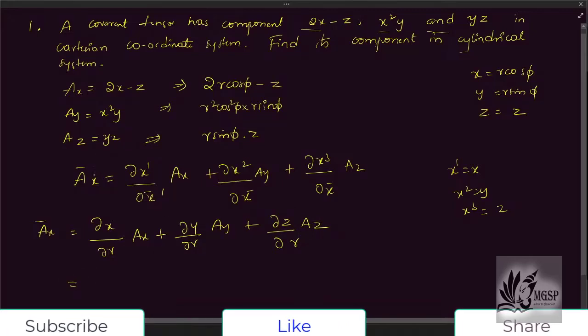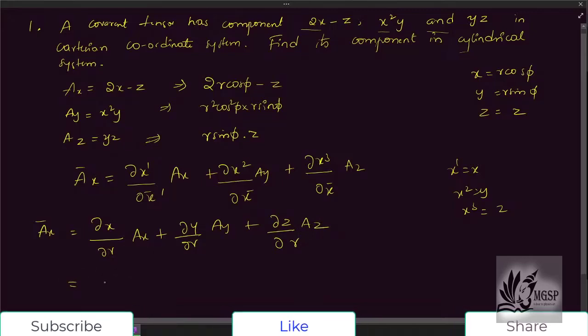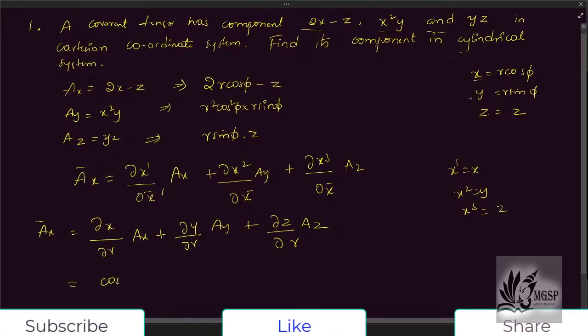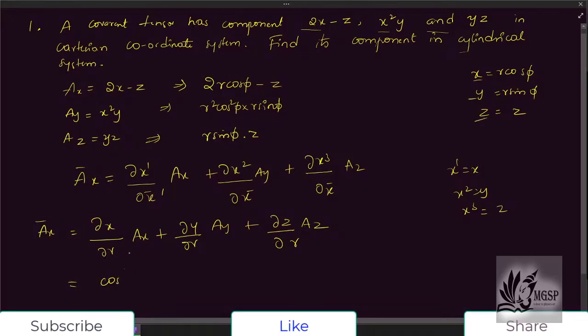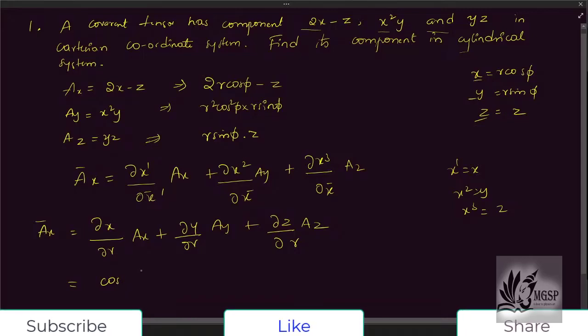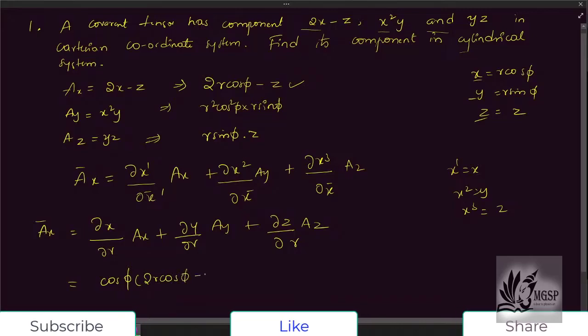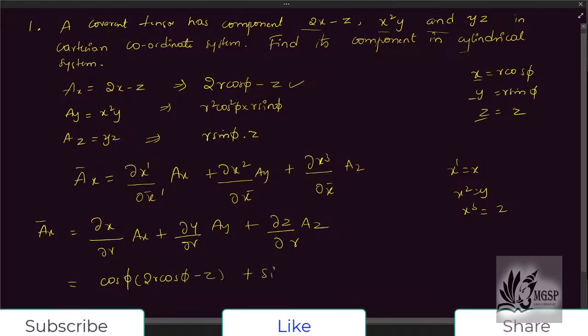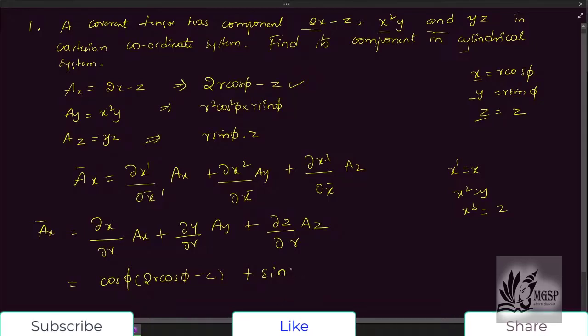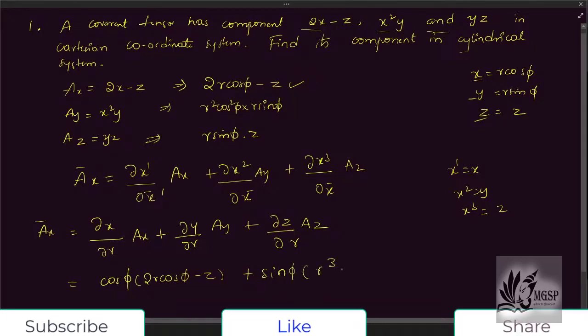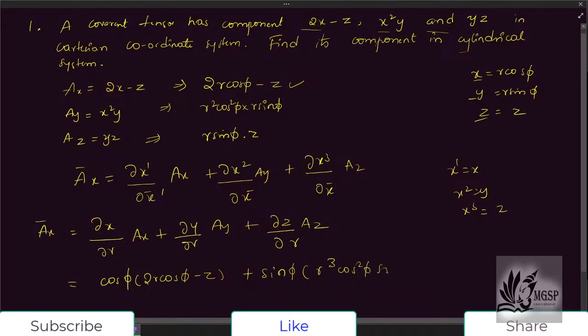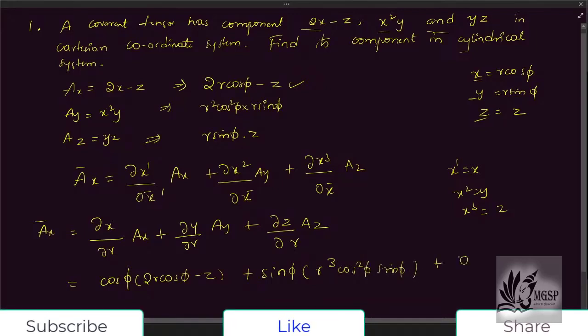Differentiation of x, y, z is there. Now we have to differentiate with respect to r. Now cos phi times the ax term is 2r cos phi minus z, plus sin phi times r cube cos square phi sin phi, plus 0 because the z component has 0 term.